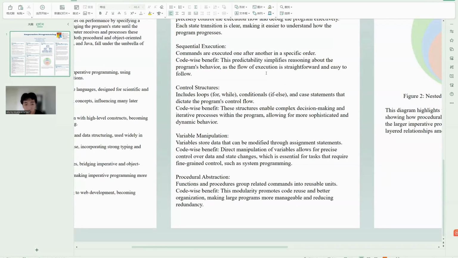Procedural abstraction: functions and procedures group related commands into reusable units. Its benefits: this modularity promotes code reuse and better organization, making larger programs more manageable and reducing redundancy.